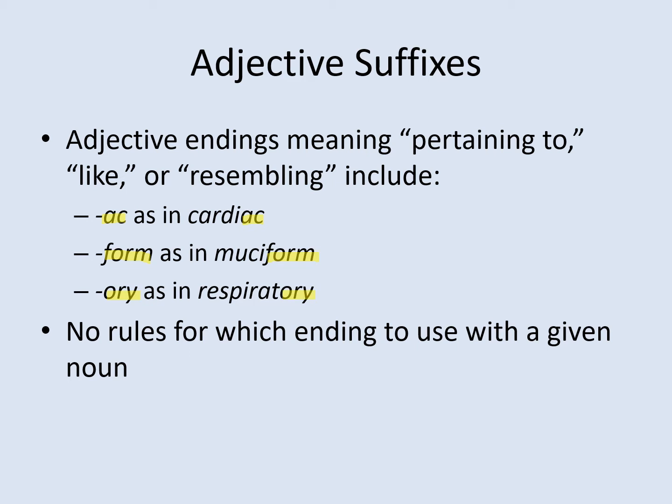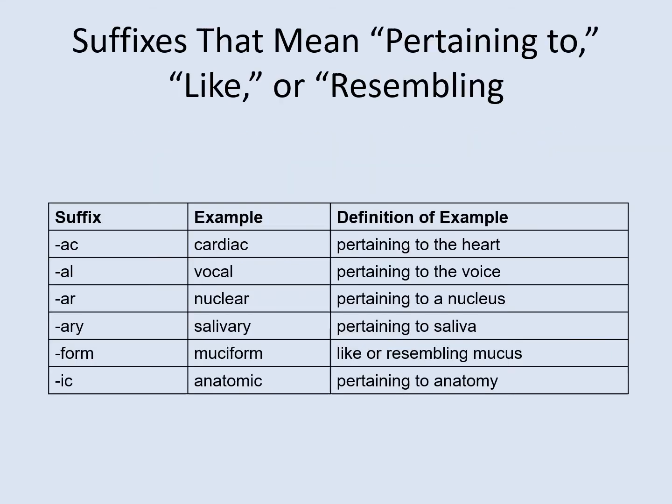And there aren't rules in these adjective suffixes for use with a given noun. So pertaining to, like, or resembling suffixes, as we said, are ac, al, ar, a new one, ary, pertaining to a nucleus, salivary, form, musiform, and ic, anatomic, pertaining to anatomy.